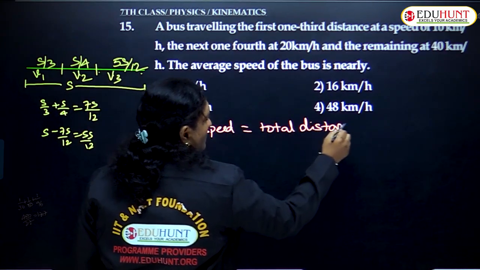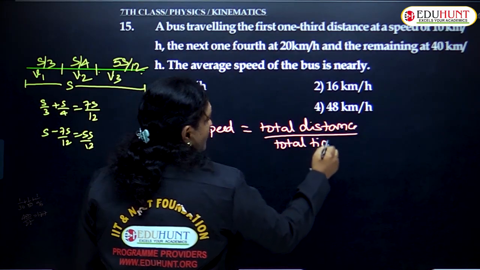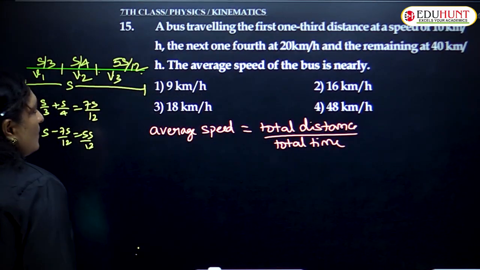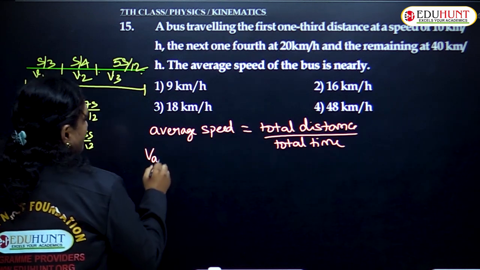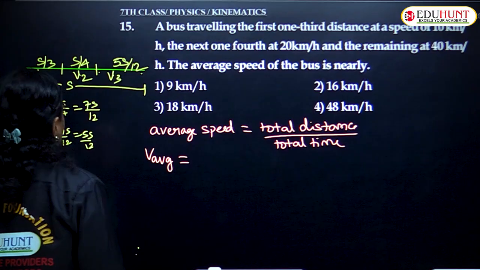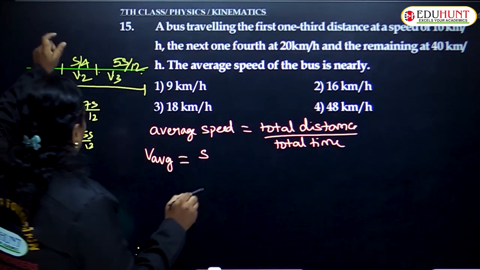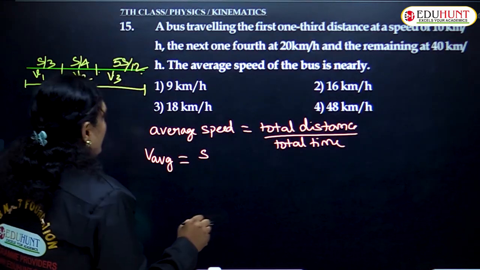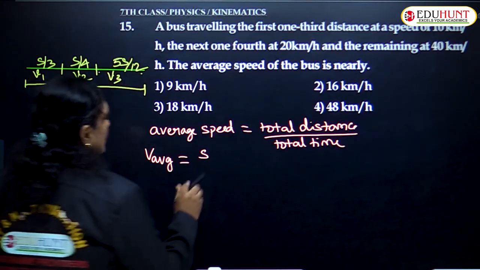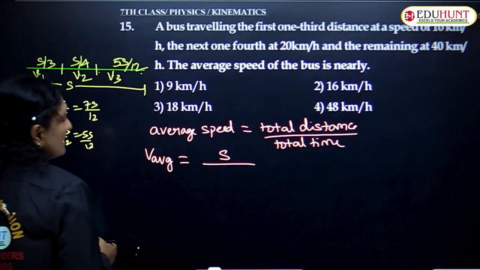upon total time. Average speed is equal to total distance upon total time. Average speed is indicated by V average, which is equal to, what is the total distance here, children? Total distance is S by 3 plus S by 4 plus 5S by 12. So, what is the total distance here? S. The total distance was nothing but S upon total time.